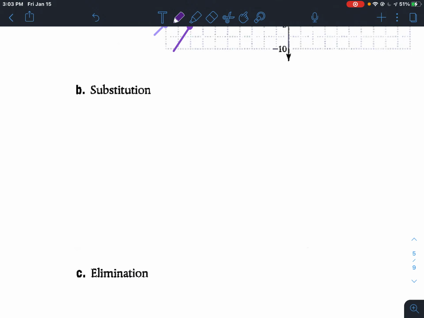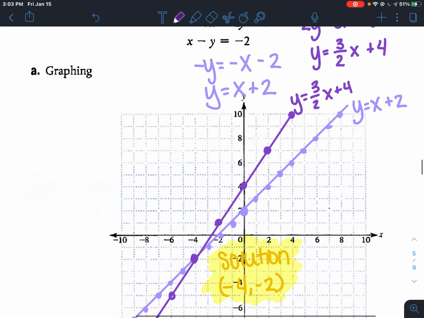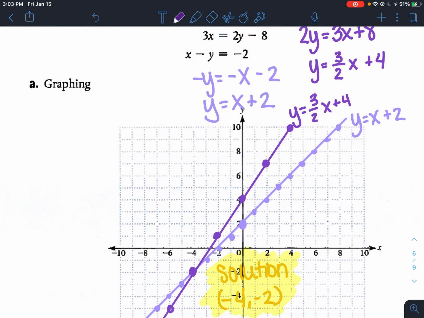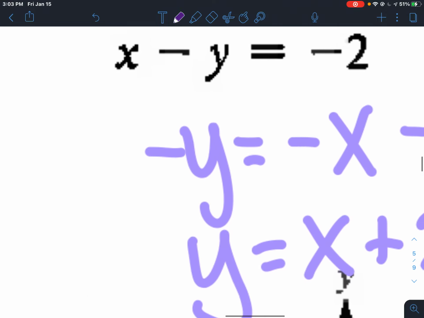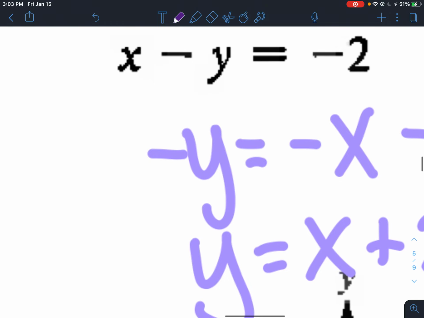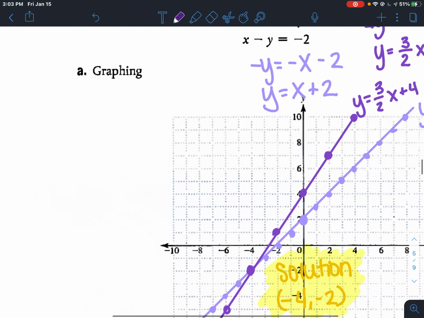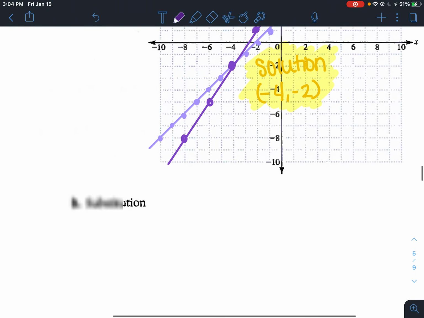So let's try substitution and see how that one goes. I need to isolate one of the variables and plug it in for the other one. I'm going to move x to the other side in this one and just solve for y. You could also solve for x and plug it in for x, but whatever you choose.